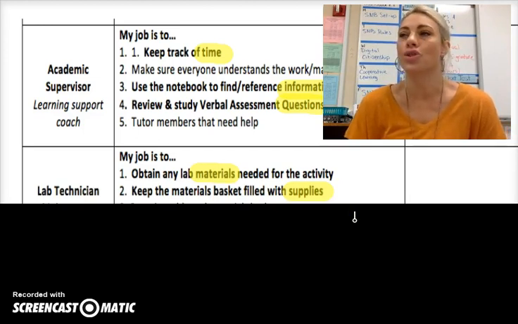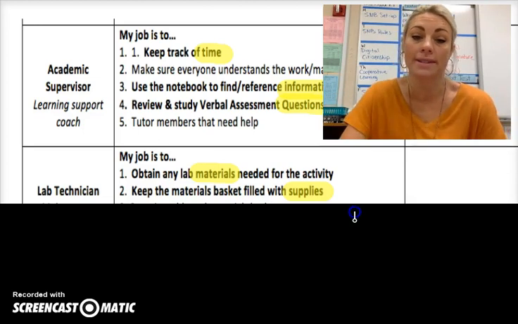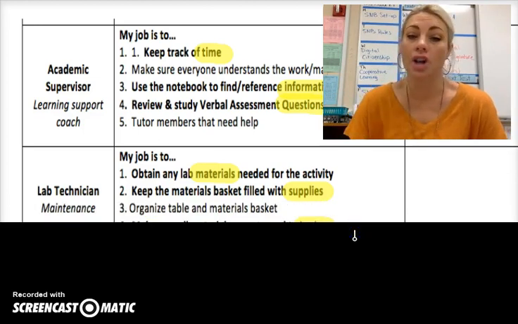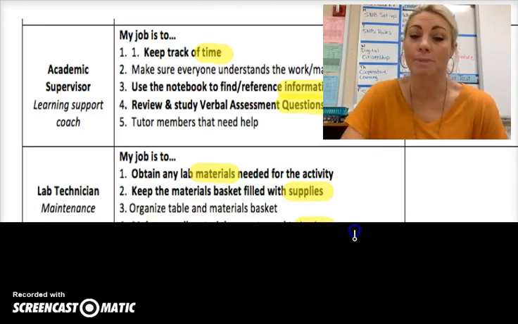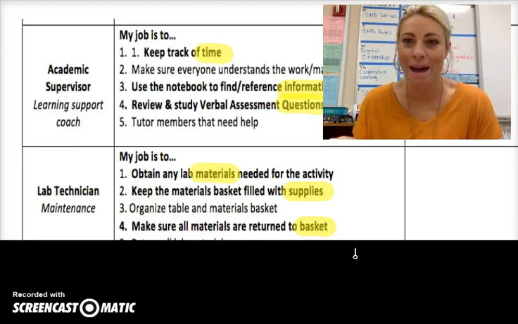So if you're ever short on highlighters or you ran out of tape, it's the lab tech's job to go to the back of the room in the workstation, find the drawer labeled highlighters, tape, glue, whatever, and make sure that the materials basket is always filled with supplies. It's their job to keep the materials basket and the table organized. Then at the end of the period, make sure that all materials are returned to the basket.